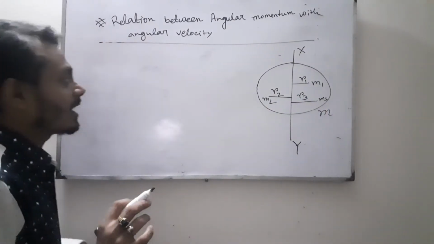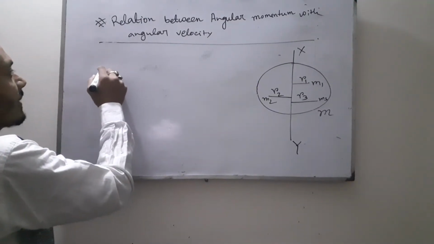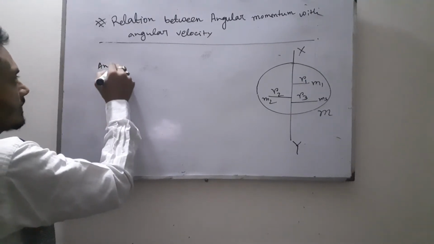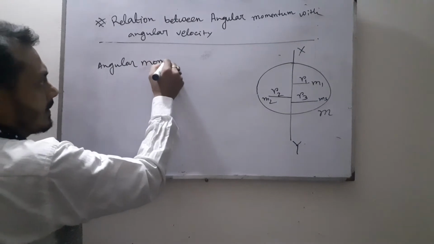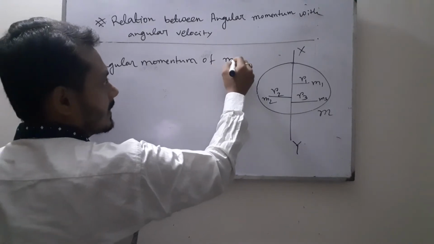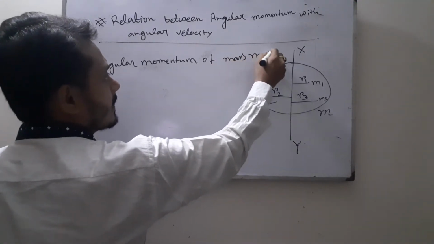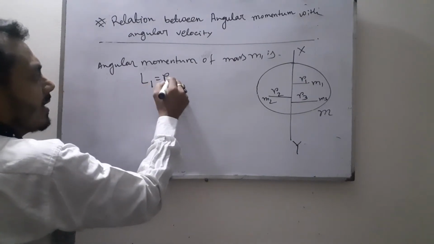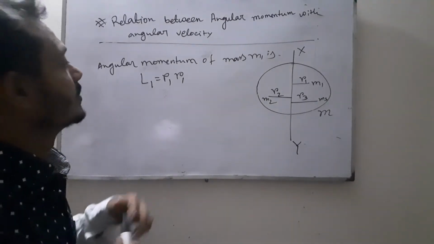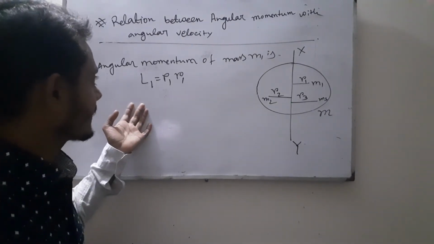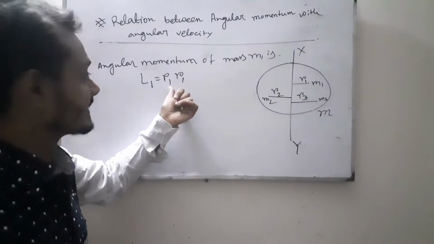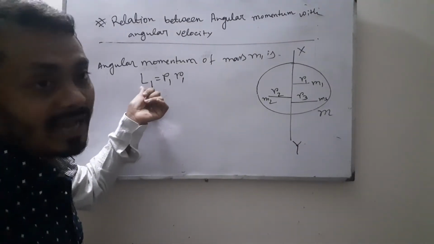So the angular momentum of the particle m1 is L1 equal P1 R1, because we know the relation is L equal P R, where P is the momentum, R is the distance, and L is the angular momentum.